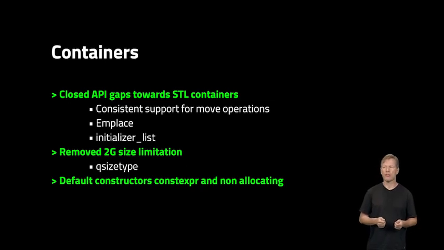We've also removed the 2 GB size limitations that we had in the containers in Qt 5 by using QSize type consistently, which expands to a 64-bit integer on 64-bit systems. And we've done some work making sure that default constructors are constexpr and non-allocating, so that they can fit better into your source code and really don't do anything when you construct them.